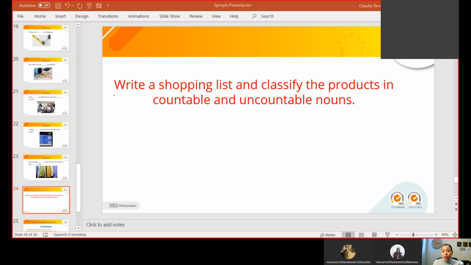As you cannot speak, because you're having problems with your computer, you can write in the chat a list for each one. Just the list, okay? You don't need to say any. Just write the list.